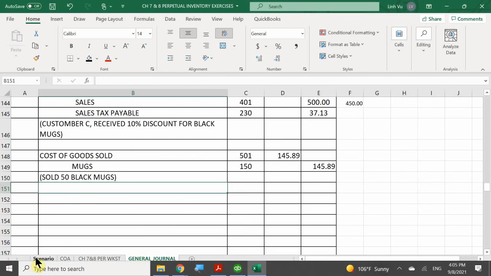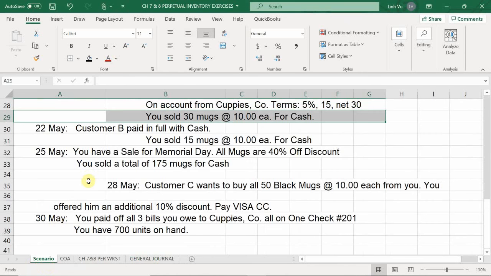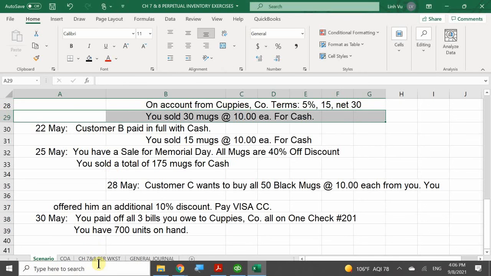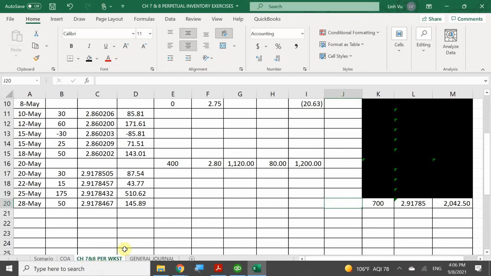So now, last but not least, you paid off all 3 bills that you owe to Cuppy's Co. all in one check, number 201, and you should have a total of 700 units on hand left in inventory. In this case, do we have all 700 items?